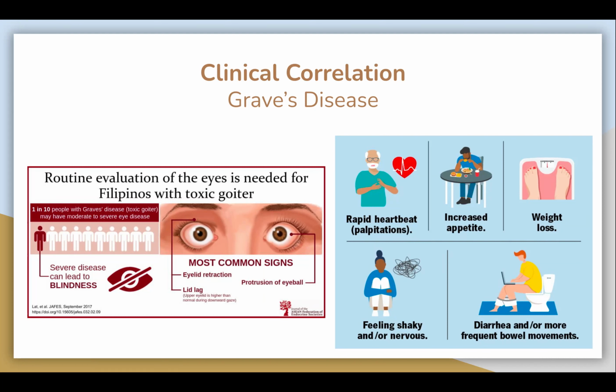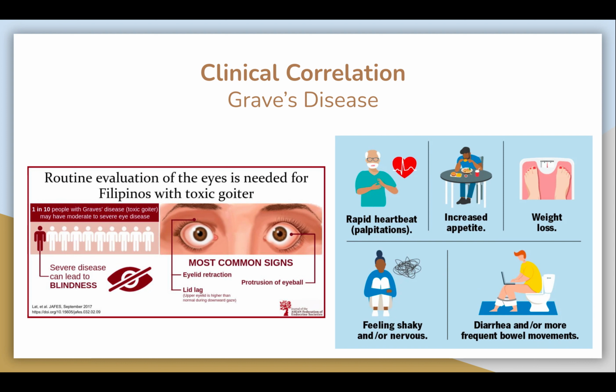It increases the susceptibility to epinephrine and norepinephrine. You can also have palpitations because of the increase in beta adrenergic receptors, and also diarrhea and more frequent bowel movements because of the increase in the rate of gastric emptying and the rate of the intestinal activity as well.